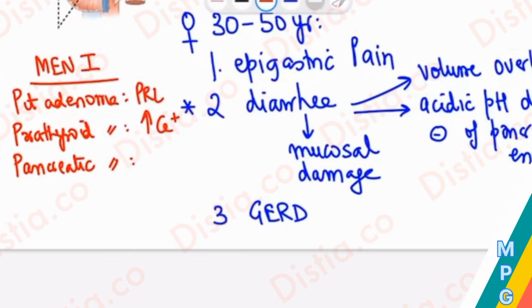In multiple endocrine neoplasia type 1, the pancreatic adenoma that you will encounter will be answered by you in the exam as Zollinger Ellison syndrome, and a combination of Zollinger Ellison and hypercalcemia is a disaster, because more calcium will cause more acid production.